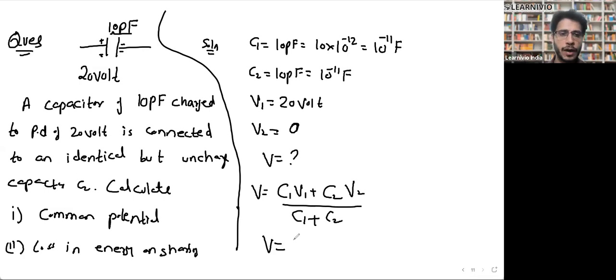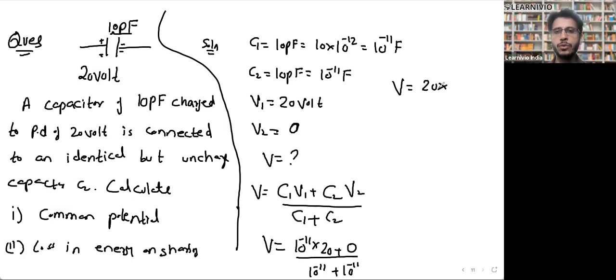When we substitute values, C1 is 10 raised to the power minus 11, V1 is 20. Yes, Amalia, now you are correct. V2 is 0. C1 is 10 raised to the power minus 11, C2 is 10 raised to the power minus 11. So this is your common potential.